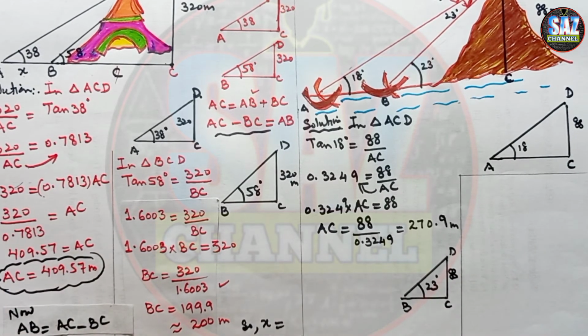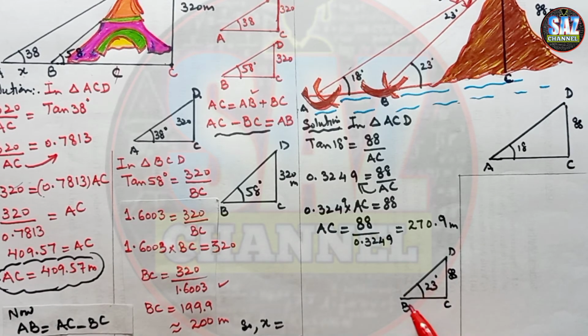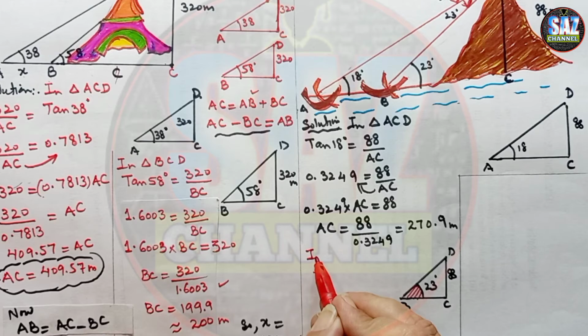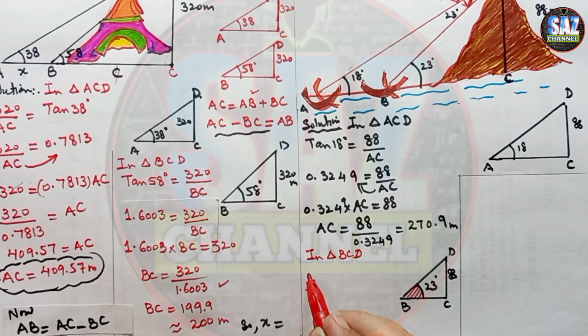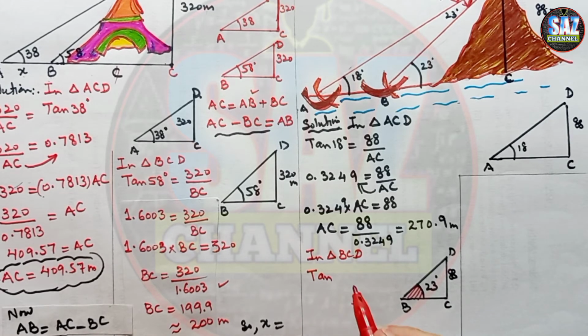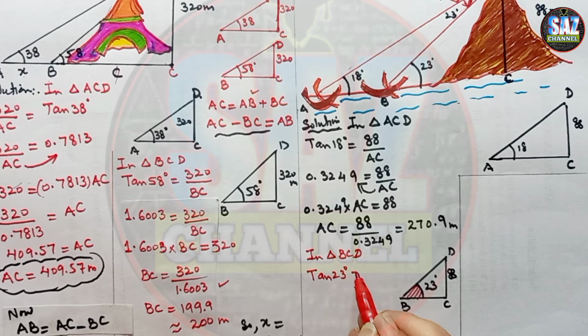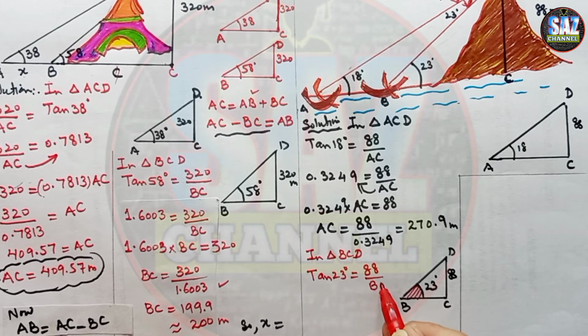Now again, look at the diagram carefully, we have to find BC with reference to this 23 degrees angle. 88 and BC are in what relation? 88 is the opposite and BC is adjacent. Now in triangle BCD, tangent 23 degrees equals 88 upon BC.